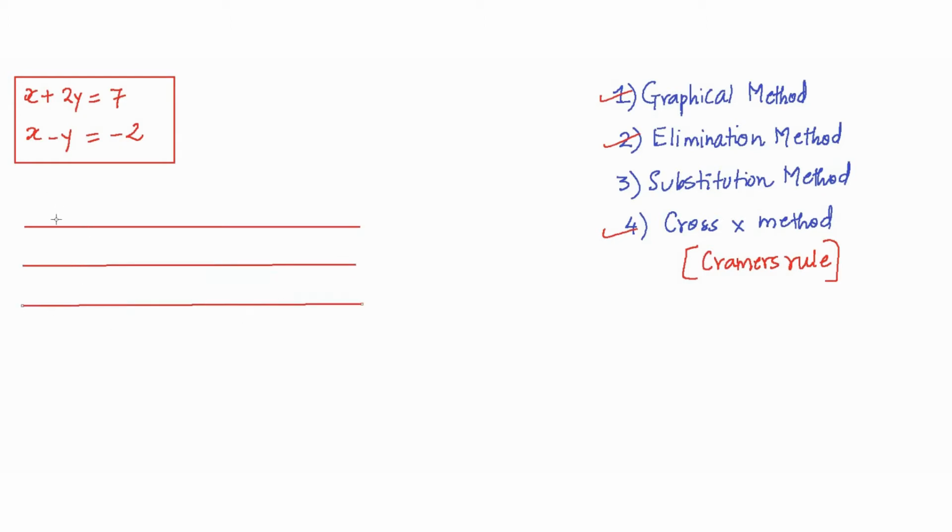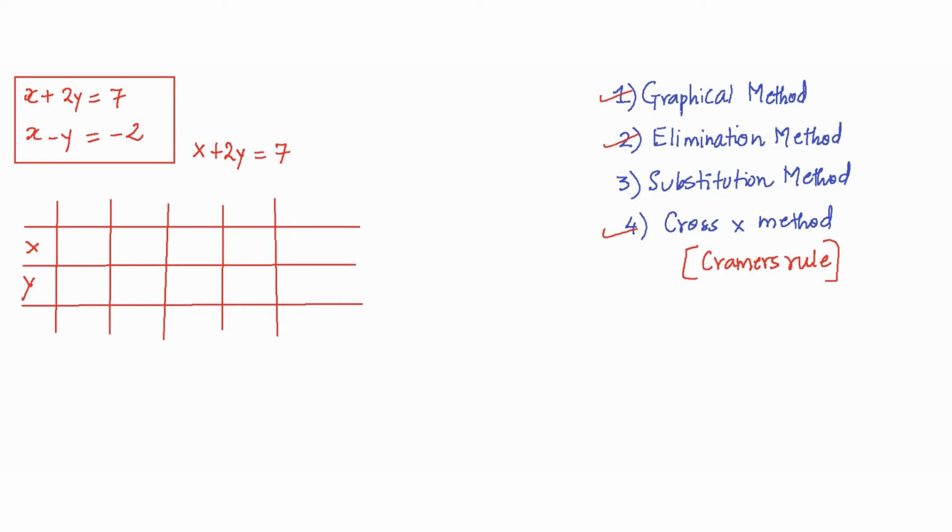So let's consider different values of x and y. The first equation is x plus 2y is equal to 7. So these are the values of x and y. Let's now start playing around with the values of x and y.